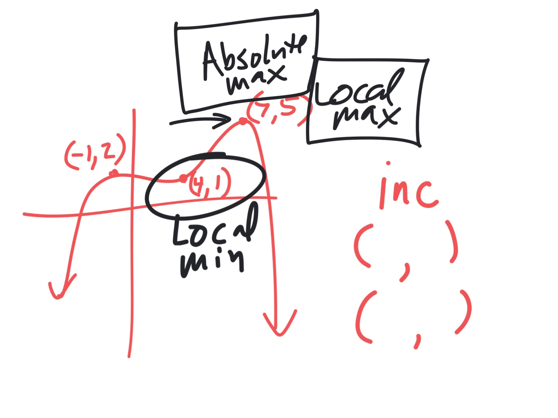Anders, give me one of them. Negative infinity to negative 1. Nice. John Paul, the other increasing interval? It's 4 to 7, I think, is the highest. You are correct. Those are the increasing intervals.